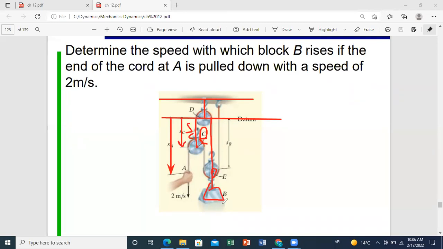So no need to take another coordinate for B, because these 2 points will have same velocity and same acceleration. Okay, so then I just need to consider a coordinate for the center of pulley E, and I can call it SE or SP.